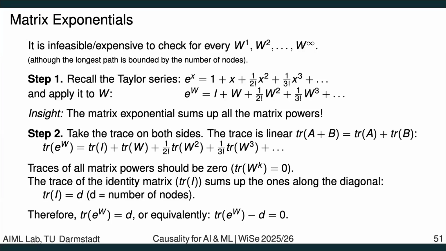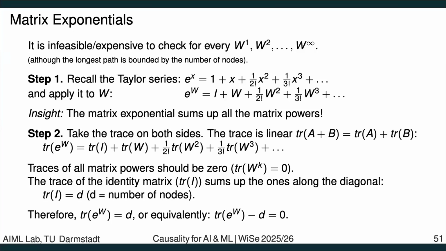And here we expect all of them to be zero, so they cancel out or vanish. And here we have this identity matrix. The trace here is all ones on the diagonal, so this one term evaluates to the number of nodes. This first term is the number of nodes, and all the rest evaluates to zero. So we get this equality.